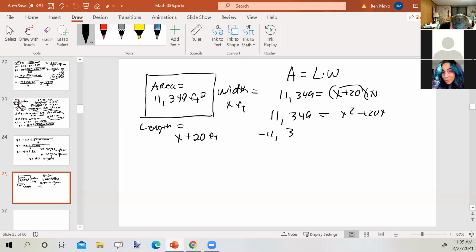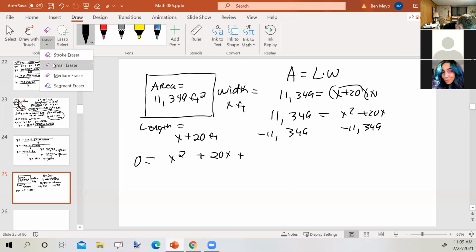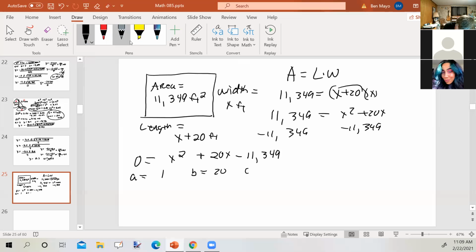We'll subtract 11,349 from both sides. 0 equals x squared plus 20x minus 11,349. Okay, so A is 1, B is 20, C is negative 11,349. I told you this section had big numbers.